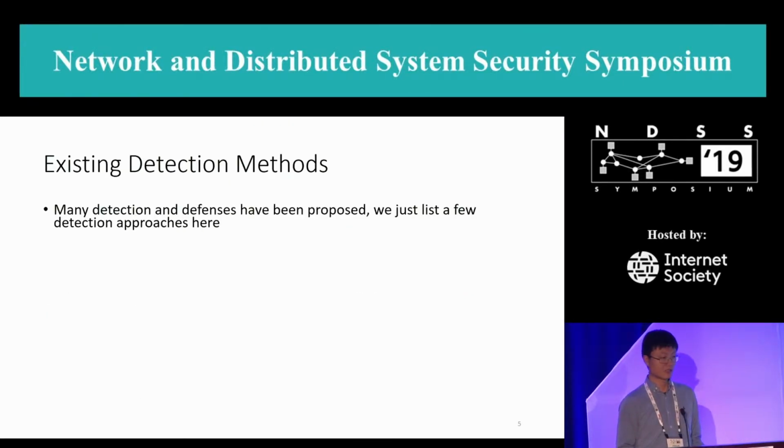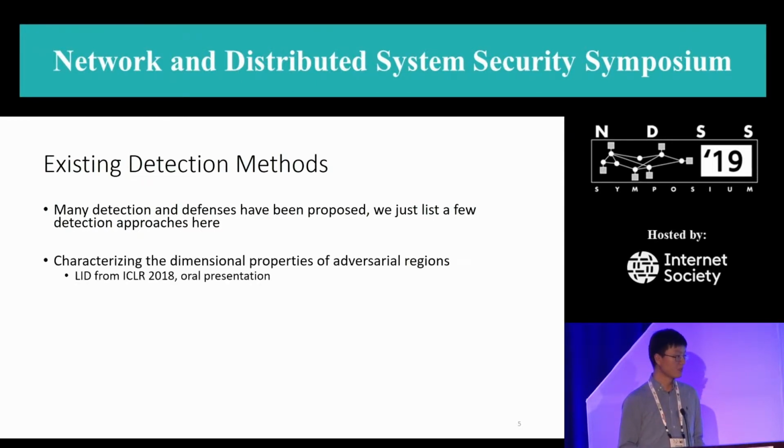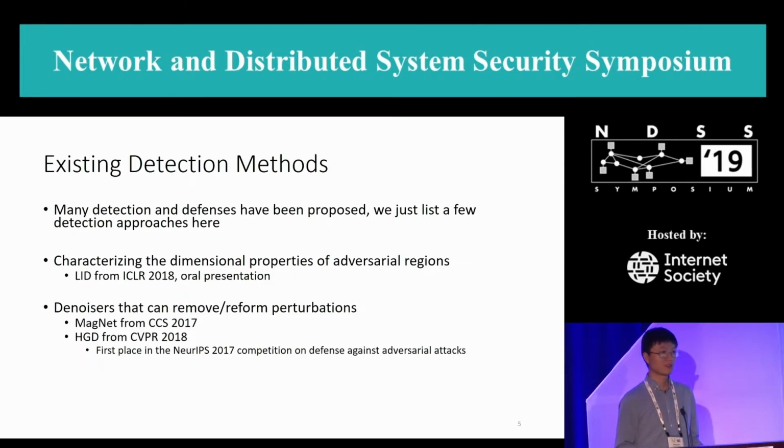We also have many detection and defense mechanisms. Because NIC is a detection mechanism, I'm only going to show a few detection methods here. The first category tries to characterize the dimensional property of the adversarial regions, such as the work from ICLR 2018. The second category uses denoisers, which are essentially other machine learning models that can remove or reform the perturbations so that they can be easily handled by the original model, such as MagNet from CCS 2017 and HGD from CVPR 2018.